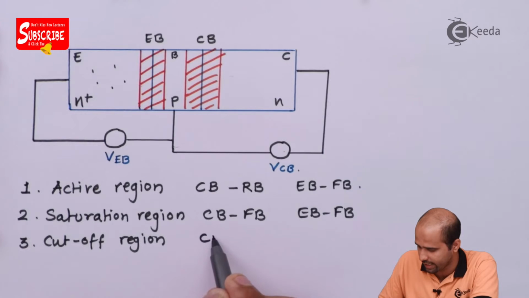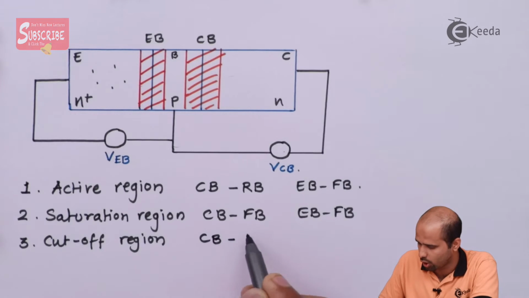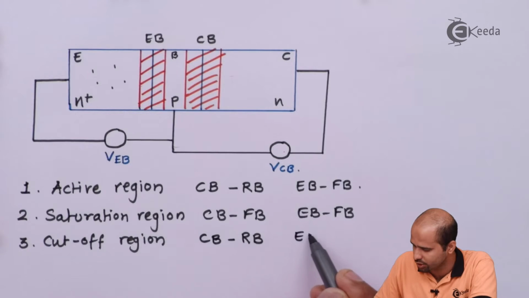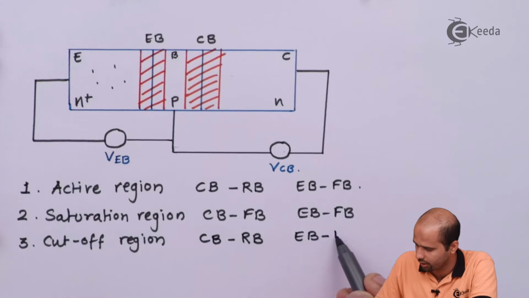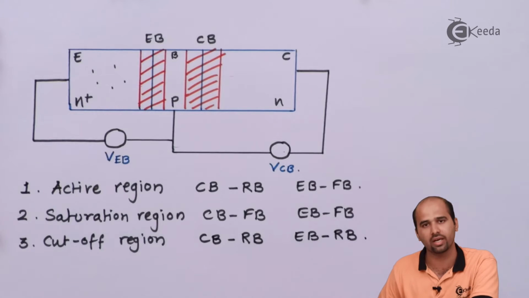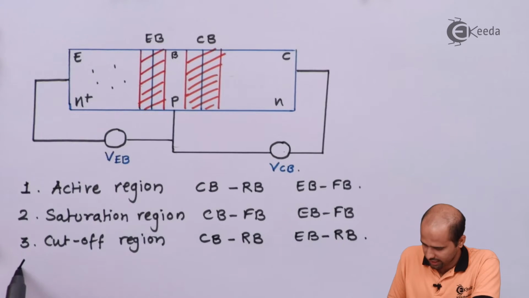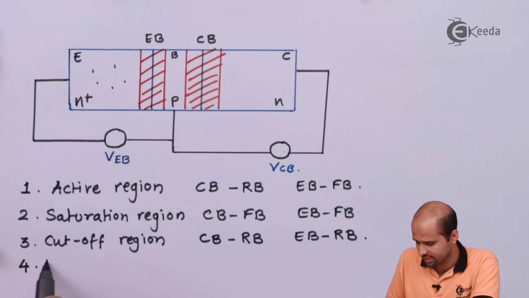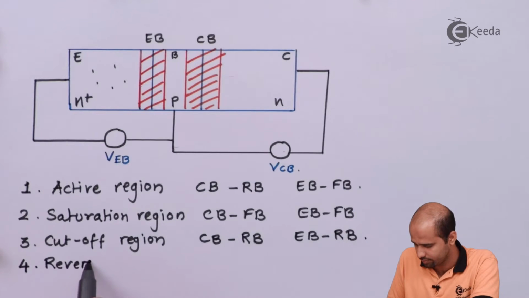So I will write it as the CB junction should be reverse biased and the EB junction should also be reverse biased, right? And the fourth region, that we generally do not take care of, is called the reverse active region.